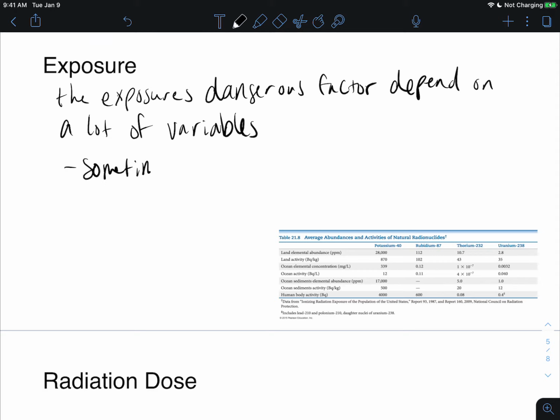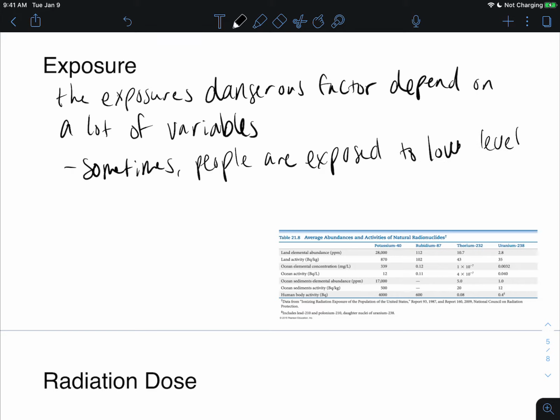Sometimes people are exposed to low levels of radiation, but for a long term. And that can cause a lot of health issues.